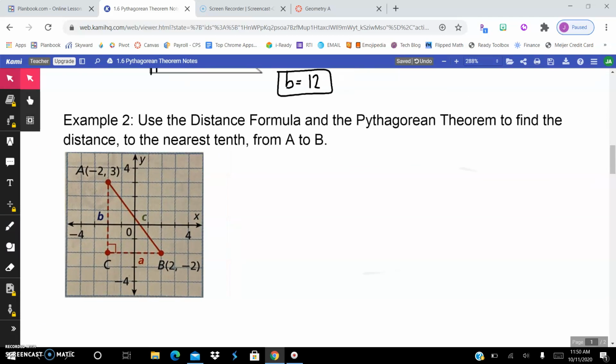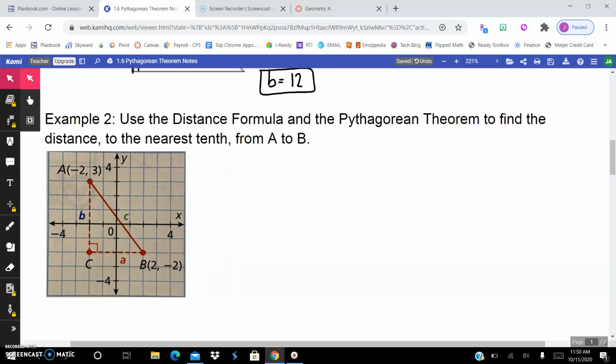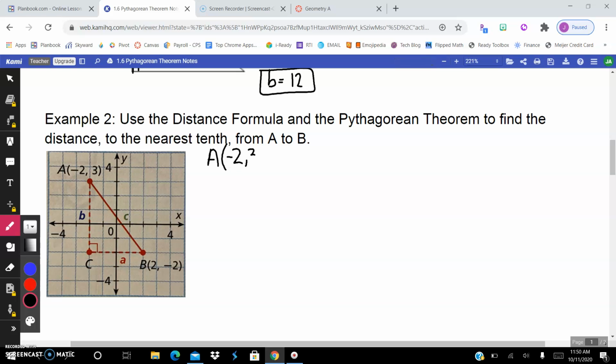For example 2, it says use the distance formula and the Pythagorean theorem to find the distance to the nearest tenth from A to B. If we use the distance formula, we are going to use the 2 points. A is (-2, 3), and B is (2, -2).